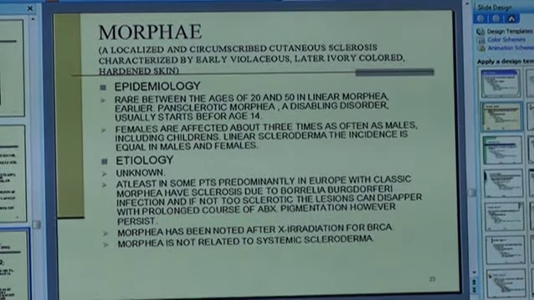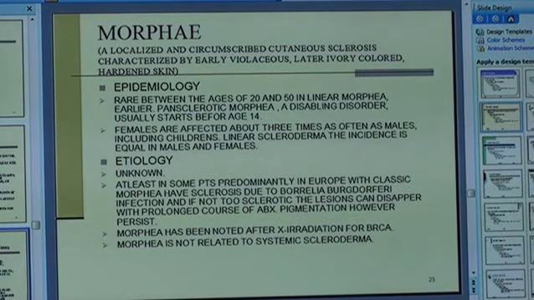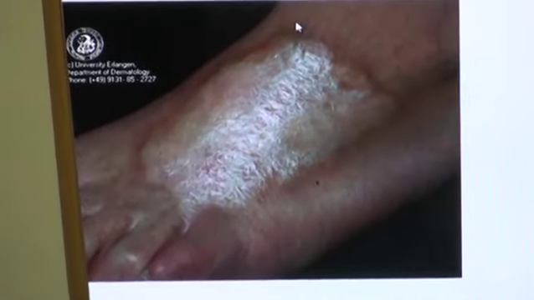The major differential diagnosis you're going to have to do here is distinguishing this process from lichen sclerosis atrophicus.